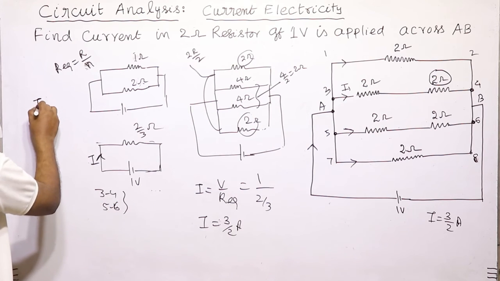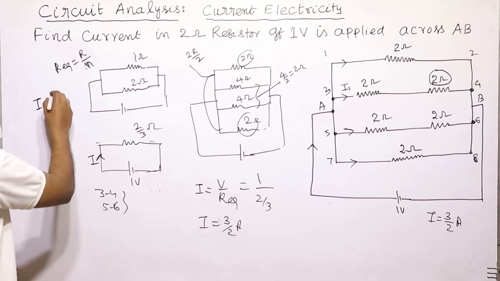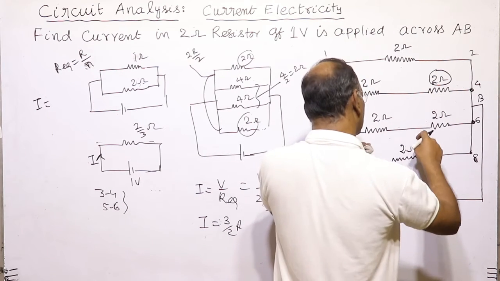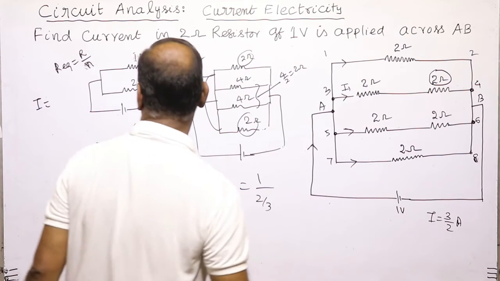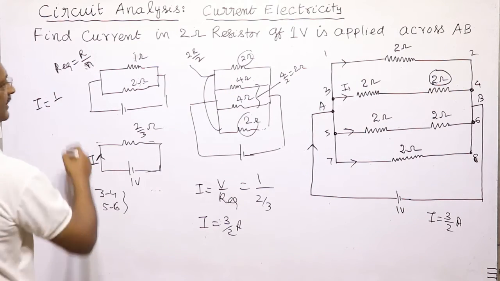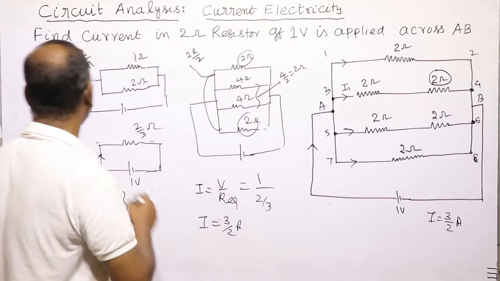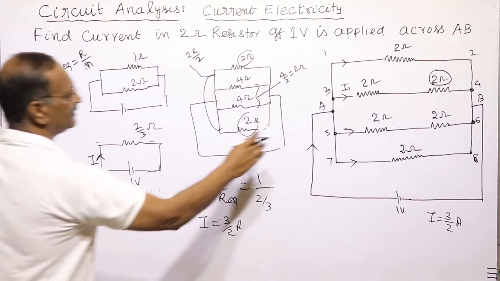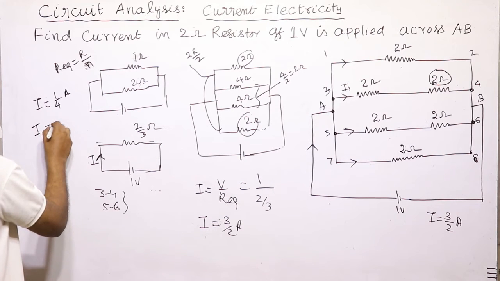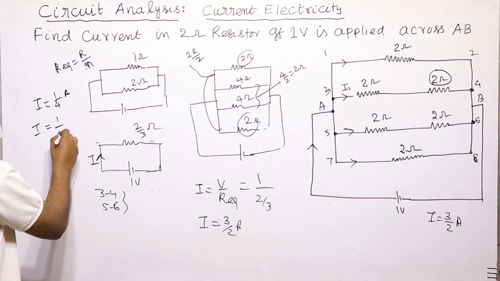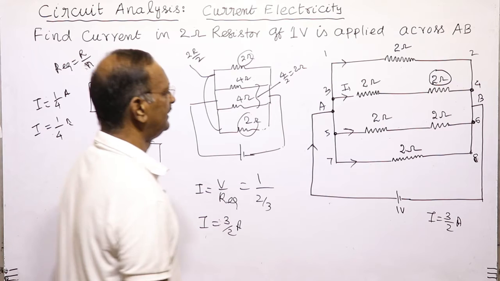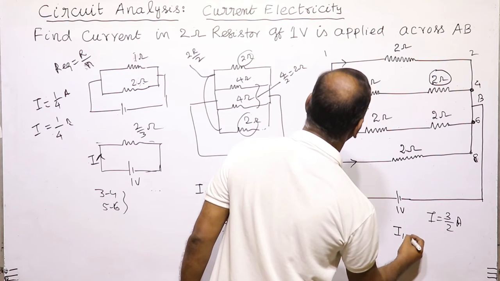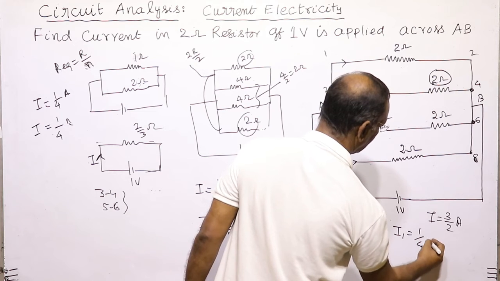Current is equal to voltage divided by resistance. Since all are in parallel, 1 volt is applied to each. So current is 1 volt divided by equivalent resistance 4, which is 1 by 4 ampere, because 2 plus 2 is 4 ohm. It means here I1, and this is also I1. So I1 is equal to 1 by 4 ampere.